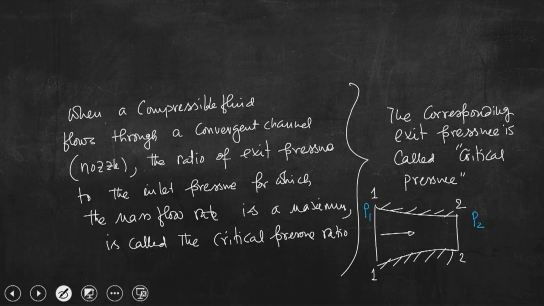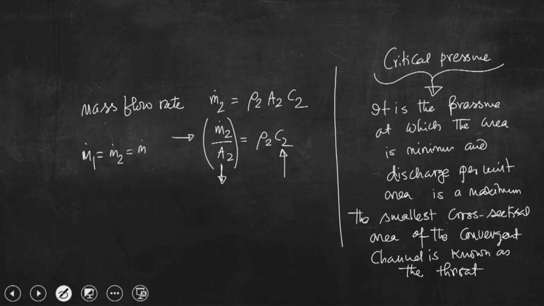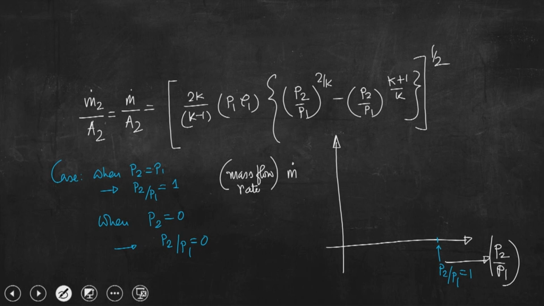So, the driving pressure difference is delta P, that is P1 minus P2. So, if the pressure at exit equal to 0, there will not be any flow. If there is no flow, we cannot think of mass flow rate. So, it will be 0. So, this is the point when P2 by P1 equal to 0.